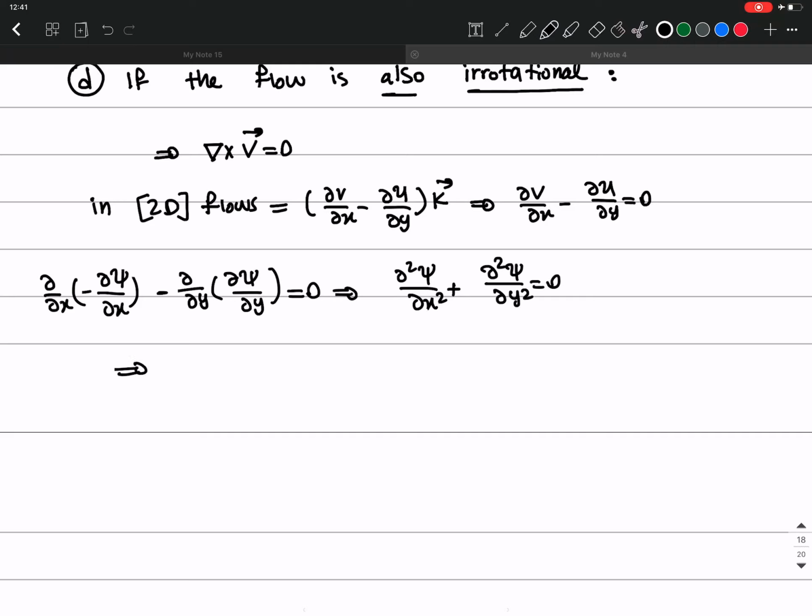And this means that this is actually the Laplacian. So grad square psi is going to be 0, or the Laplacian of the stream function is 0, and this is also linear.